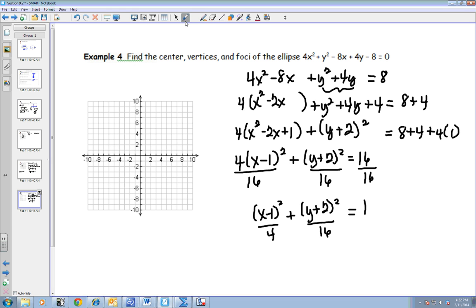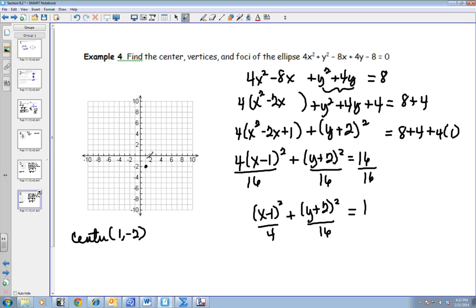All right, so the first thing I'm going to do is write down my center. My center is (1, -2). Okay, so I'm going to go ahead and graph that. My center is going to be at (1, -2). And then I know, because it helps me to sketch this out, and then I can find my vertices and my foci.